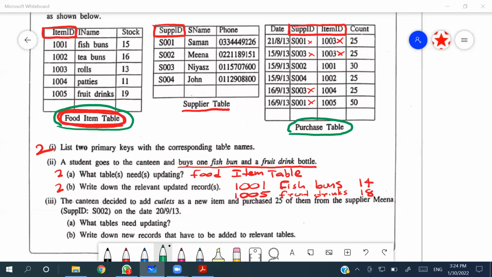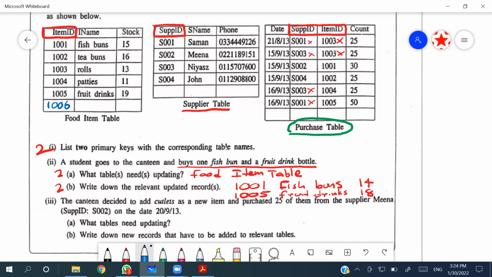Okay, so the tables are the purchase table and the food item table. How the updating is happening for the food item table: the record is going to be like this: 1006.